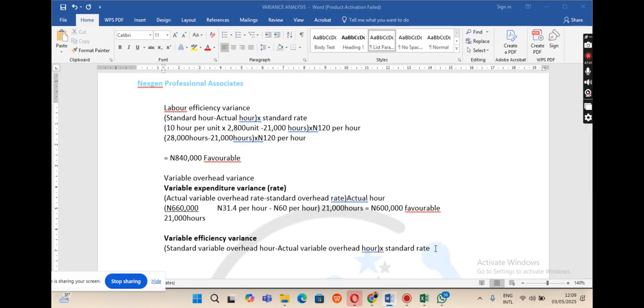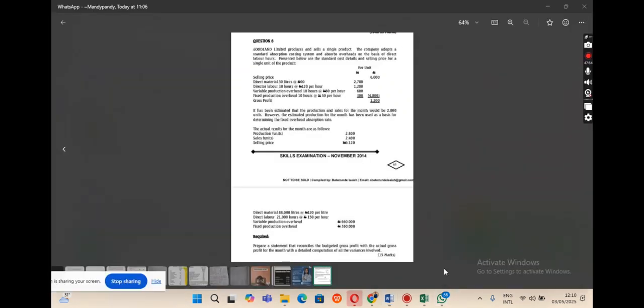So what is the standard variable overhead hour?